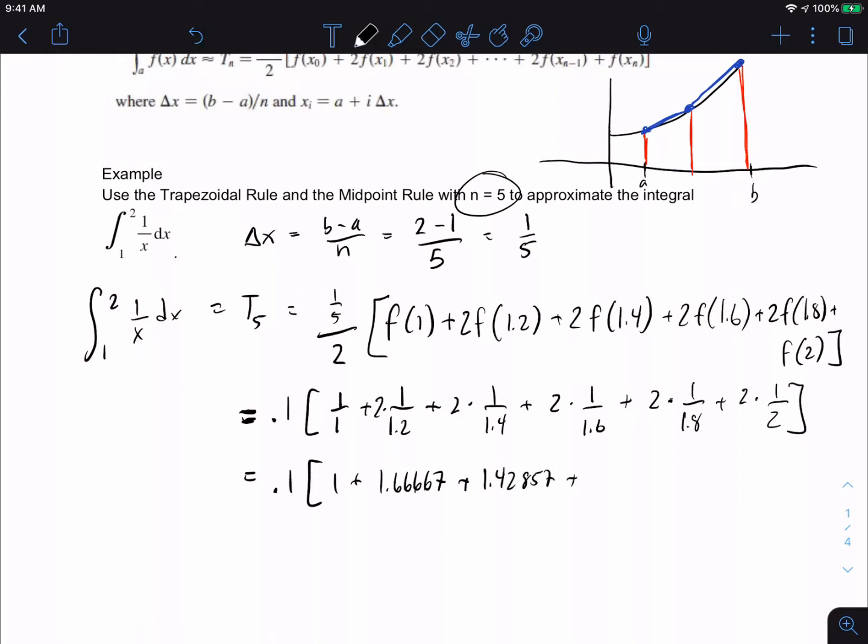Obviously there's going to be more numbers to this, but that's okay. 1.25, 2 divided by 1.8 is 1.11111 forever, and then 2 divided by 2 is 1. Close that bracket. And this ends up having an approximation, and remember, these are approximations, they're not exact.